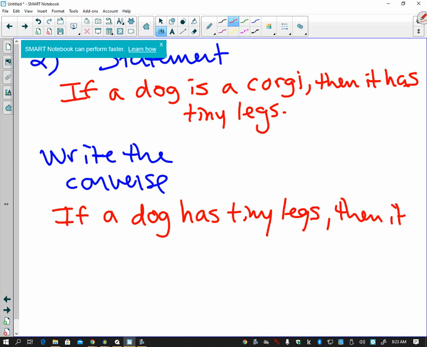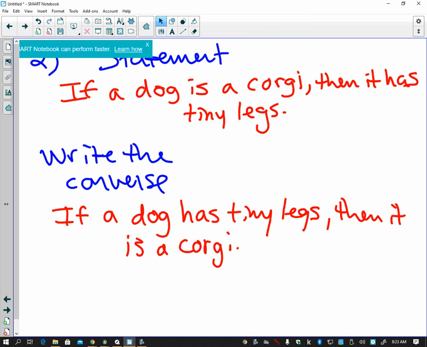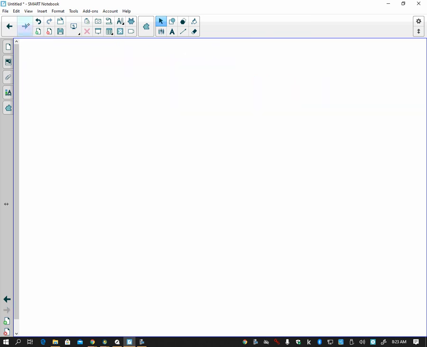Then it is a corgi. Now, that statement doesn't necessarily have to be true. We're just trying to write the converse statement, okay? Does that make sense? All right, good.